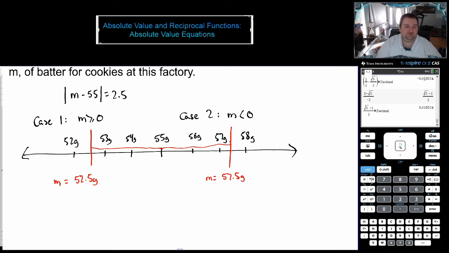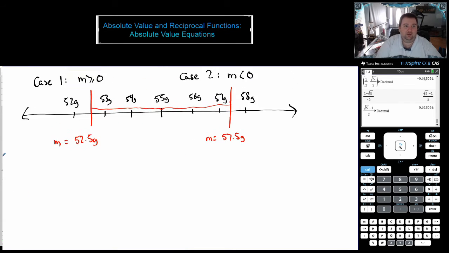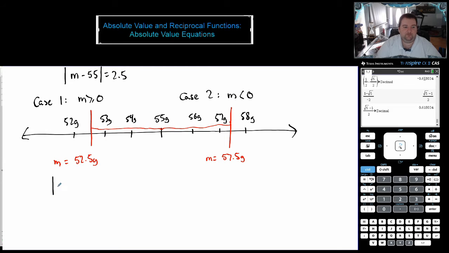Now, the interesting thing is this is probably easier to do algebraically, right? When we have this expression, and we did this in the previous lesson, the absolute value of M minus 55 grams, so the mass of the cookie minus 55 grams equals 2.5 grams, meaning the difference between the mass and the ideal mass has to be 2.5 grams.